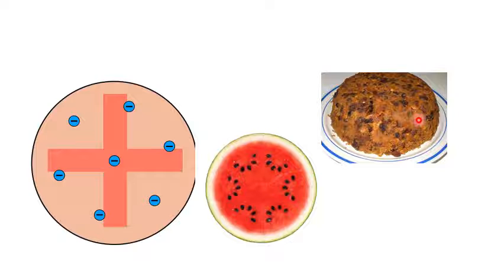And he also said it is quite similar to a pudding. In this pudding, the whole body is positive charge and the small fruits and nuts you see are your negative charge. So his model was also called the plum pudding model.